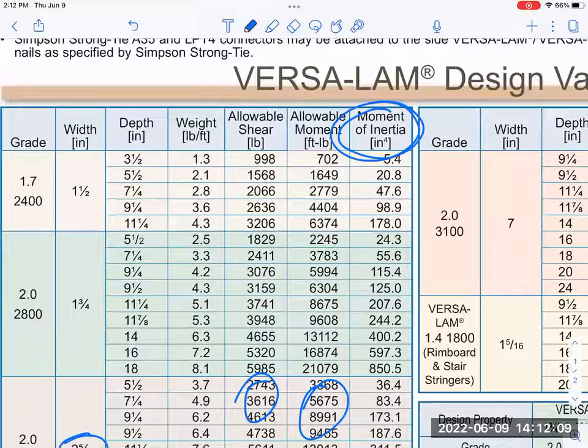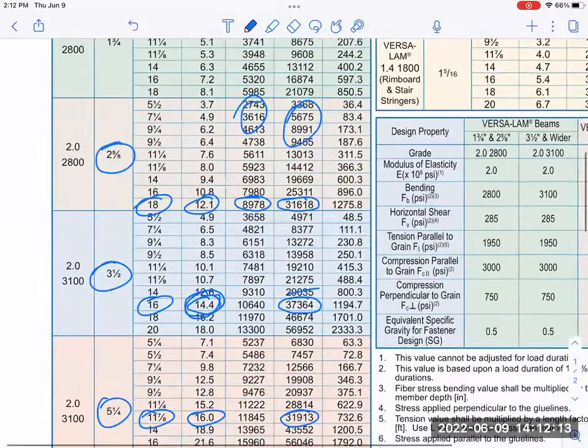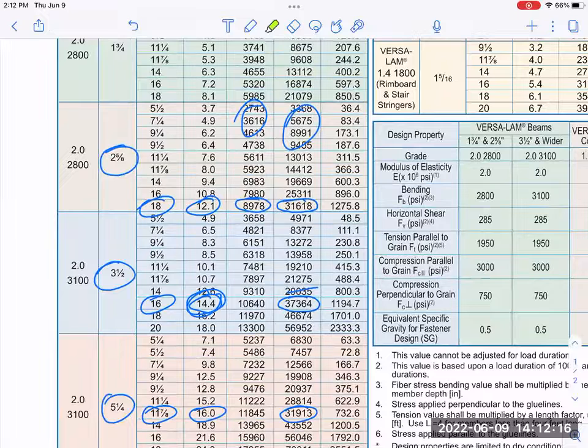I've told you about it: bd cubed over 12 is how you calculate it. Notice those numbers here. This one has a 1200 number. This one drops to 1190, and this one drops to 732. Tall, thin beams are better, and they do more work for less wood.